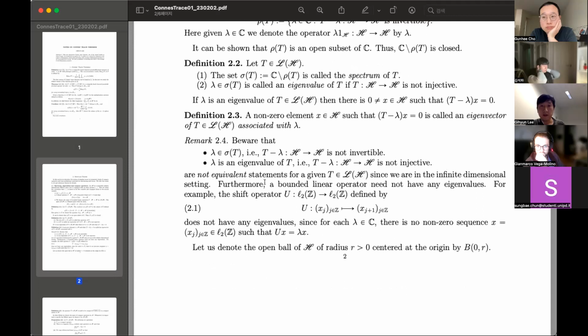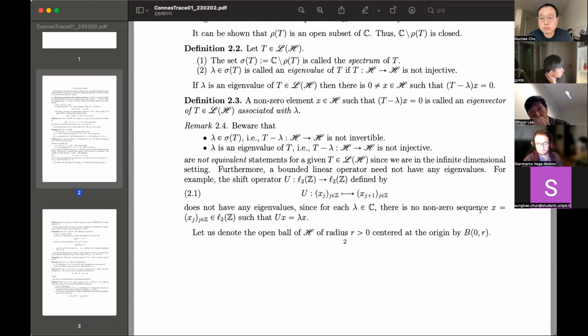Well, then one can easily see that this is exactly the typical example of a bounded linear operator which does not have any eigenvalue. So in the infinite dimensional Hilbert space setting, it is possible to find a bounded linear operator which does not have any eigenvalue sitting inside the spectrum.